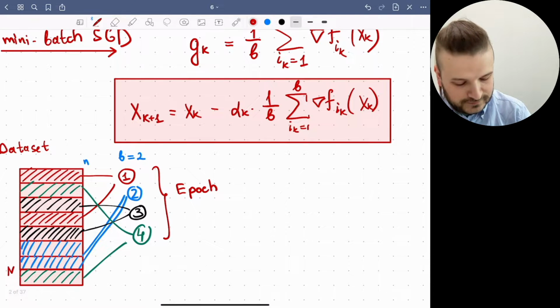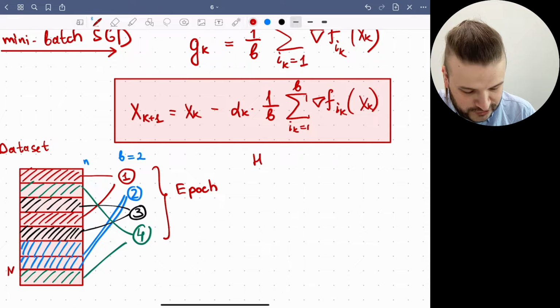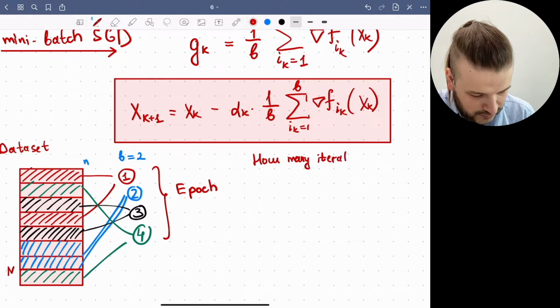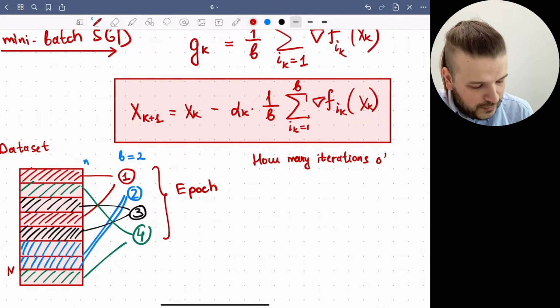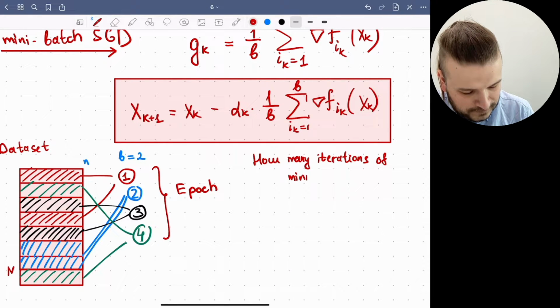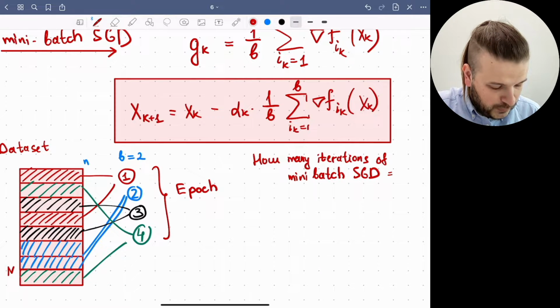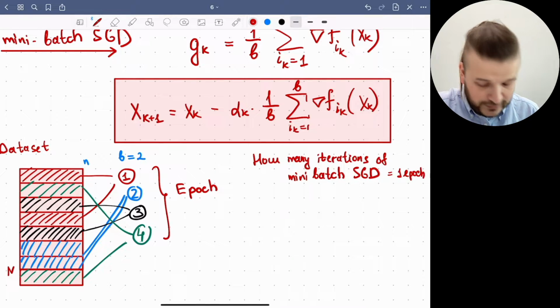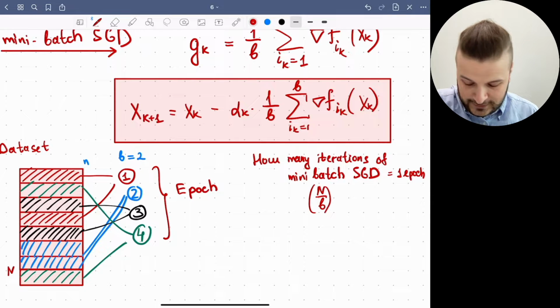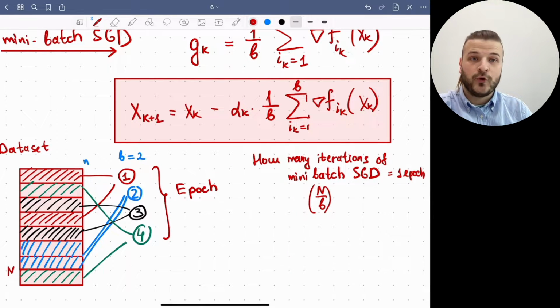And in fact, how many iterations of mini batch SGD equal 1 epoch? That's a pretty obvious question here, and it will be n over b, right? For example, here I had 8 points in my data set and a batch size equal to 2.